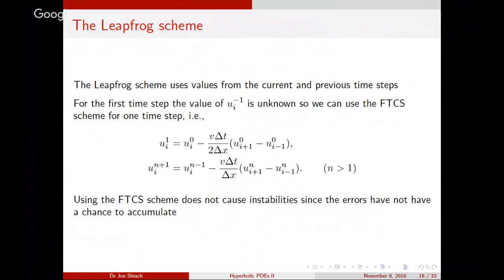But I've just gone to great lengths to show you that it's unstable. But it doesn't matter because we're only using it once. Any errors in it haven't had time to accumulate and become unstable. So we use that once like a starter. Think of your starter motor on a car, just to get it going. And then for all other time steps, we use this leapfrog.